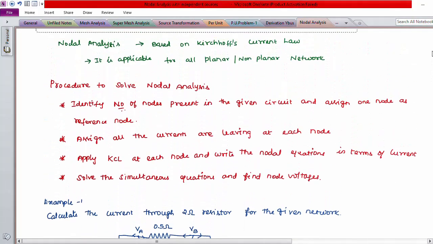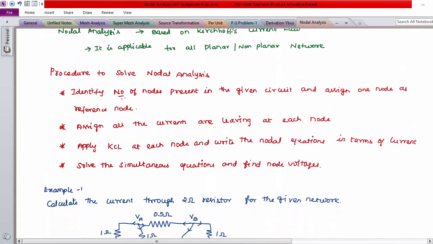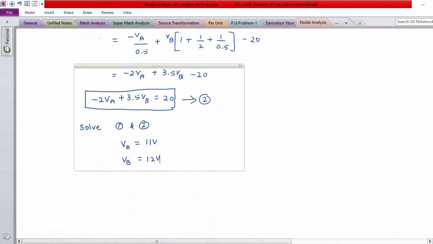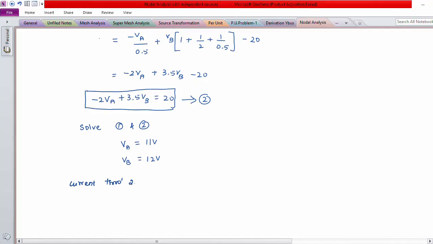They are asking to find the current through the 2 ohm resistor for the given network. The 2 ohm resistor is connected at node B. So by using the node voltage at node B, we determine the current through the 2 ohm resistor.